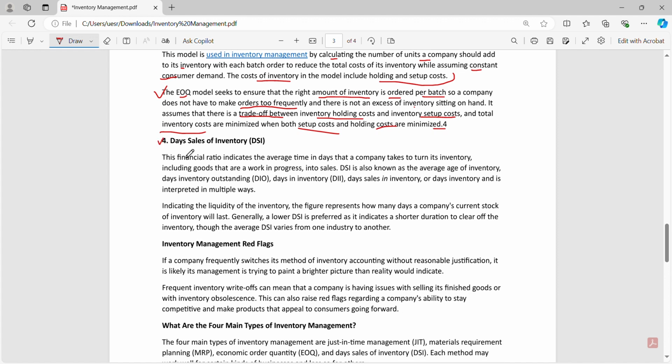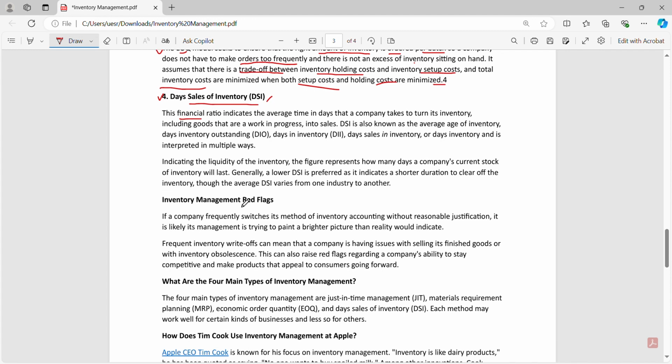Fourth one is days sales of inventory, DSI. This financial ratio indicates the average time in days that a company takes to turn its inventory, including goods that are work in progress, into sales.